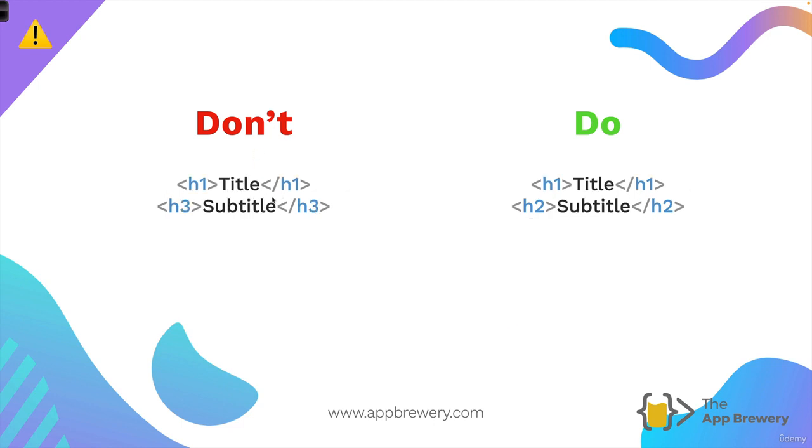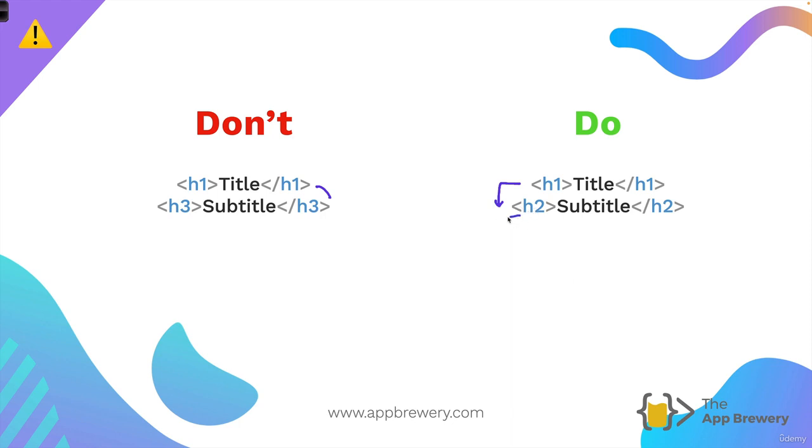Now, the other thing to watch out for is don't skip a level when you're creating heading elements. Don't go straight from H1 to H3. If you have an H3, there should also be an H2 somewhere on that web page. Instead, I recommend to just go in order. When you have an H1 that you've created and then you realize you need another heading, then go to an H2.